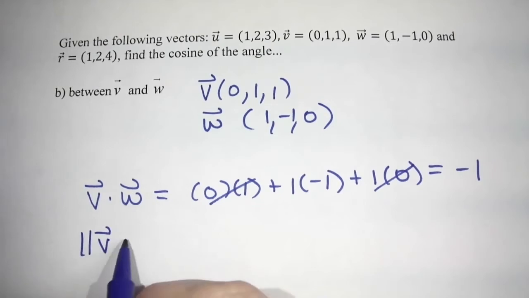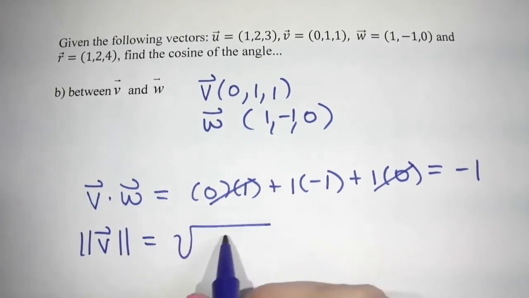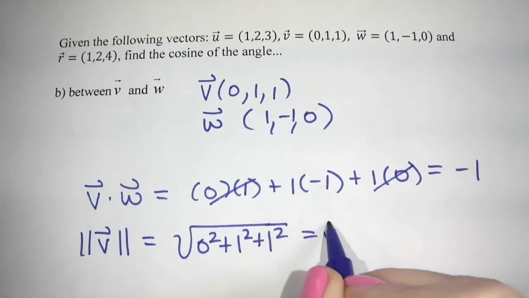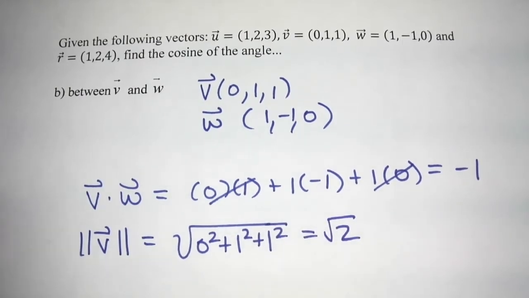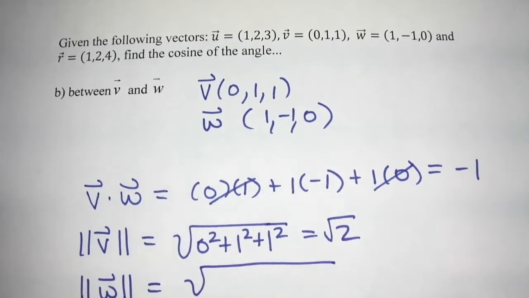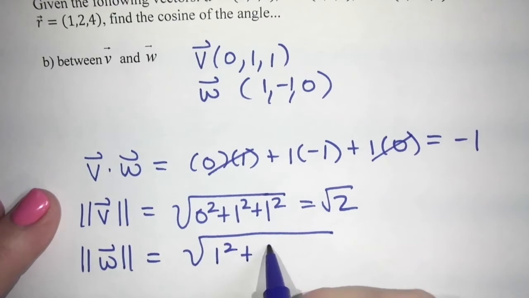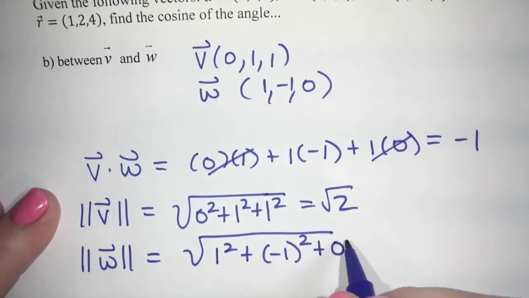The magnitude of v we did in part A, but I'll write it out. 0 squared plus 1 squared plus 1 squared was root 2. And now we need the magnitude of w. So we get square root, and for w we have 1 squared plus negative 1 squared plus 0 squared.